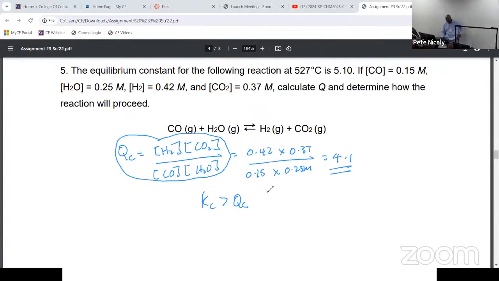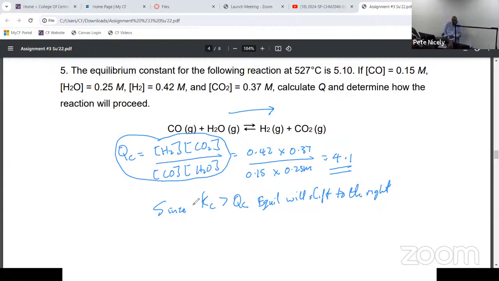So in other words, the reaction will shift again to the right. Therefore, equilibrium will shift to the right, since KC is greater than QC.